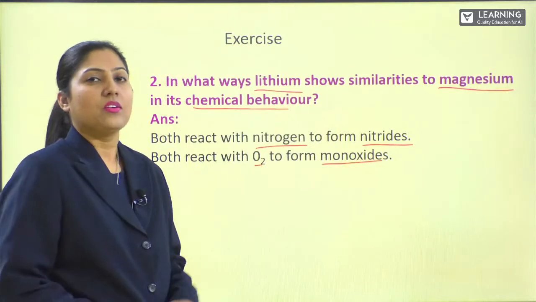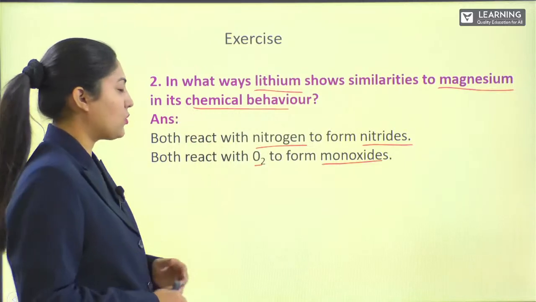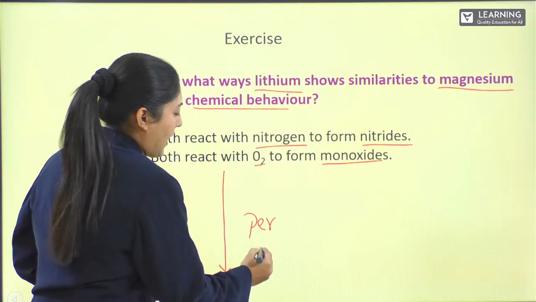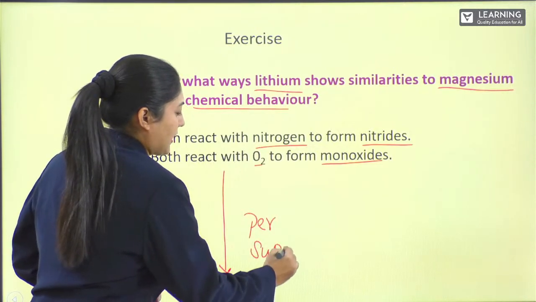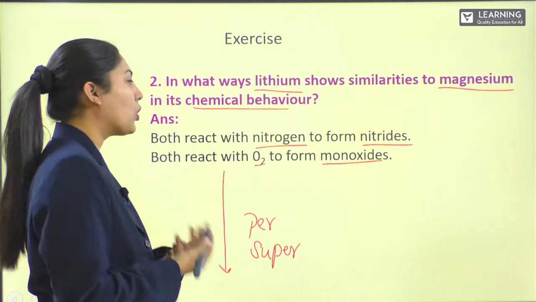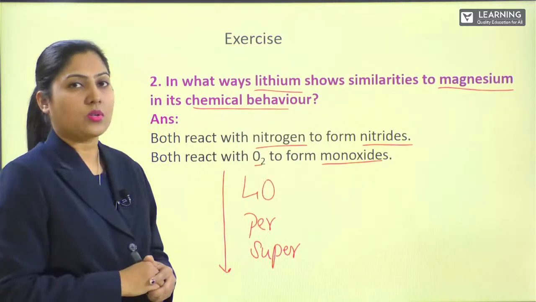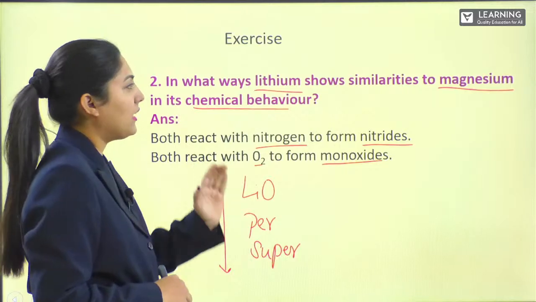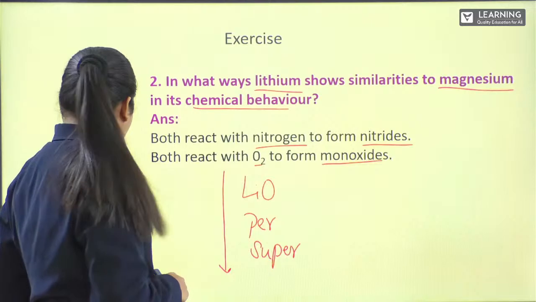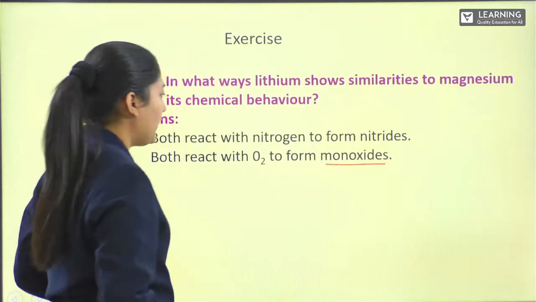We have learned that first group elements form peroxides and superoxides, right? But lithium is the exception, it forms the monoxide. So lithium and magnesium both form monoxides, right?